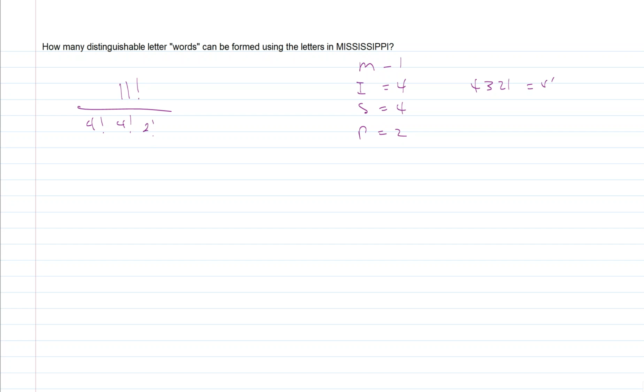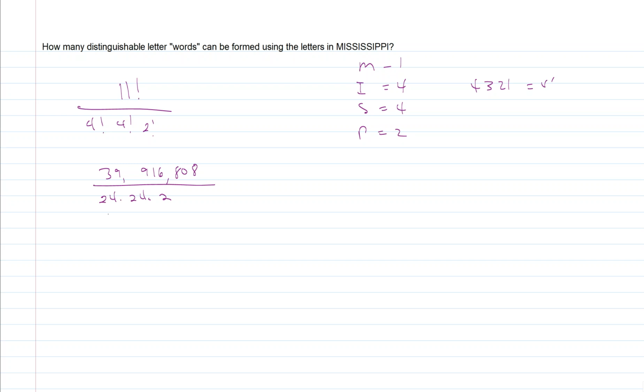As far as working them out, there's a couple of different ways. I would recommend just putting in 11 factorial and then dividing by 4 factorial, enter, divided by 4 factorial, 2 factorial. If you want, you can multiply out the numerator. If you do that, you get 39,916,800, and then 4 factorial will be 24, and then times 24, and then times 2.